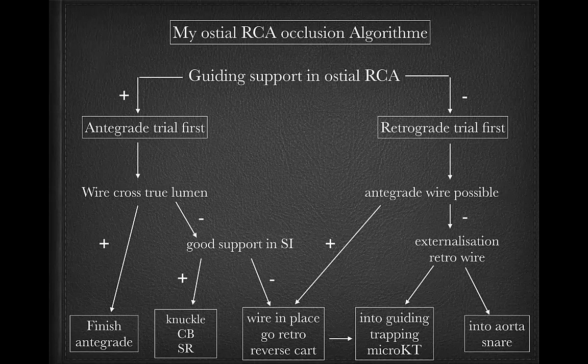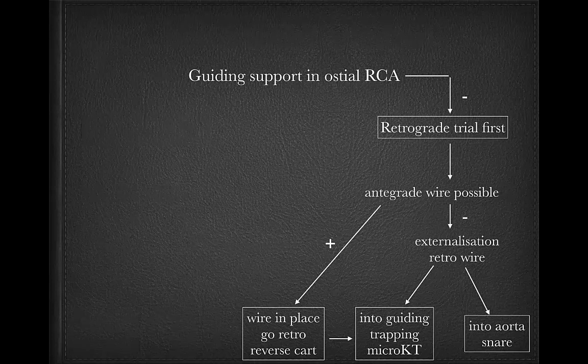If you now go through my algorithm, you can't have guiding support in the ostial RCA. So the only way to begin this case is to go retrograde first. That's what we have done. And in the next situation, when you go retrograde first, sometimes you can also have integrated wiring.